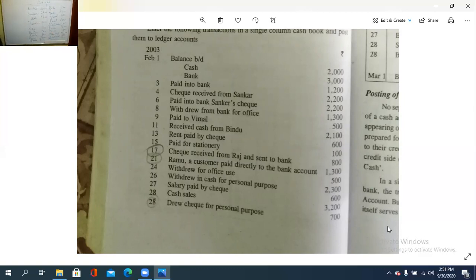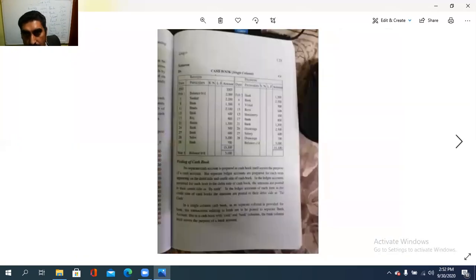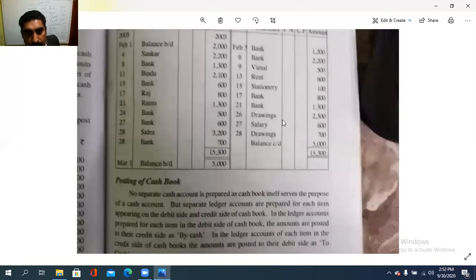Then take the difference. This is the cash book with a single column. So 2,000 plus 2,200 plus 1,300 plus 2,100 plus 700, and so on, 15,300.